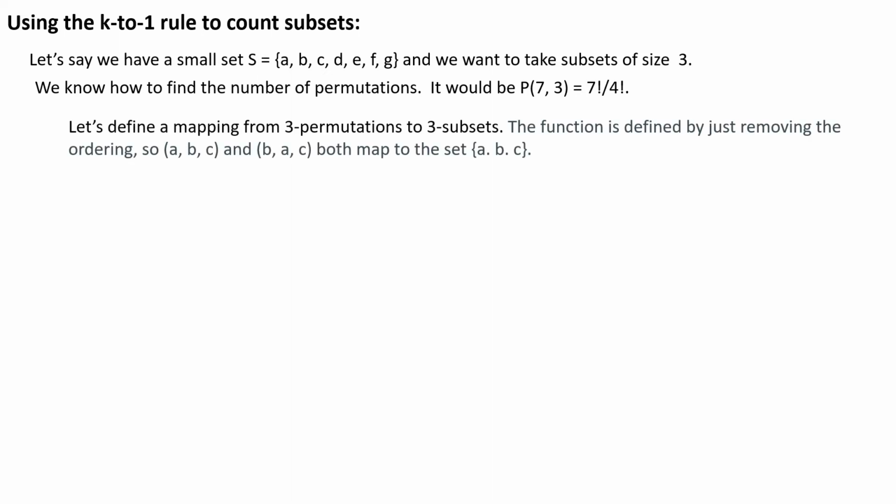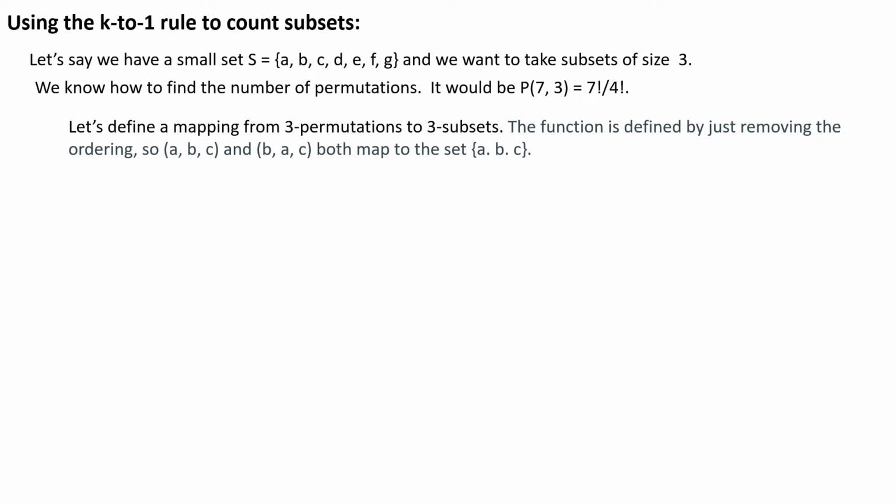Well, let's define a mapping from all 3 permutations, meaning permutations of 3 elements out of that set, to 3 subsets, meaning all subsets of 3 elements of that set. So we're defining a mapping from the permutations to the subsets, each of size 3. So how would that function be defined?